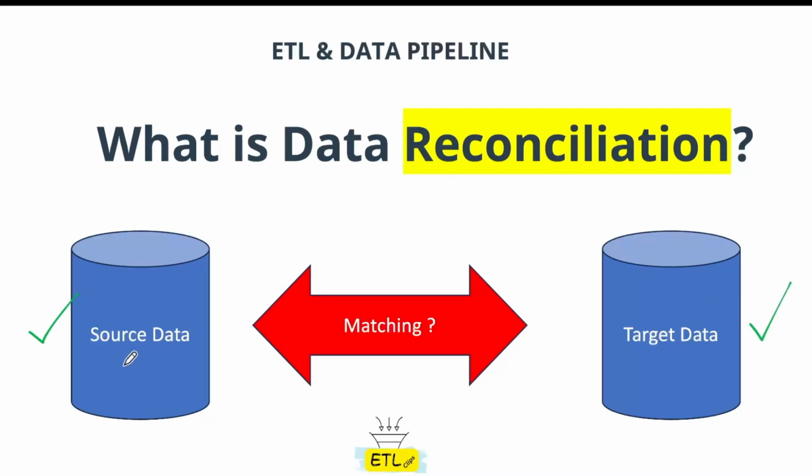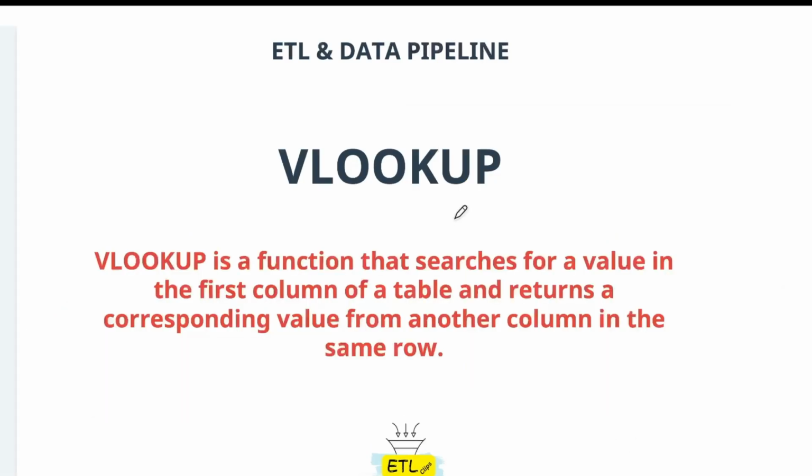So source data should match with target data, and in this video we'll see a very simple use case where we take the VLOOKUP function and perform the matching operation.